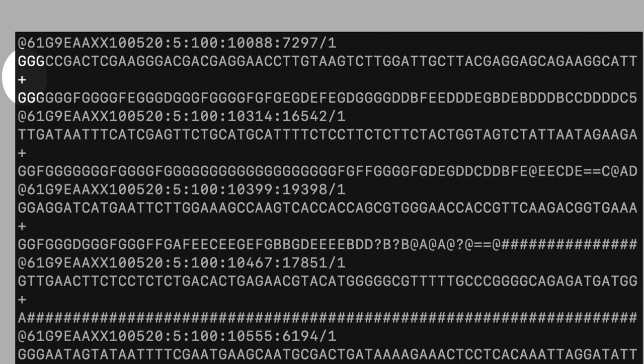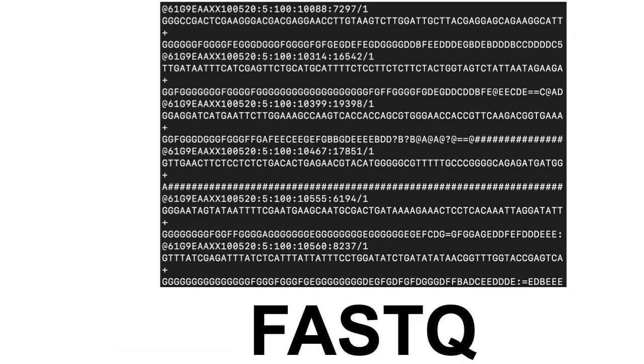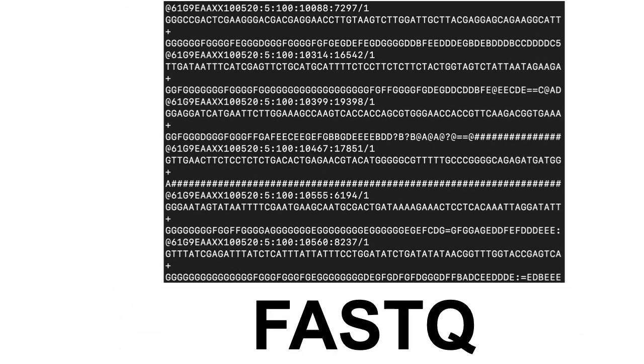Line 3 begins with a plus character and is optionally followed by the same sequence identifier or any additional description again. Line 4 encodes the quality values for the sequence in line 2, and it must contain the same number of symbols as letters in the sequence. Similar to the FASTA file, a FASTQ file can have several sequences in one file.